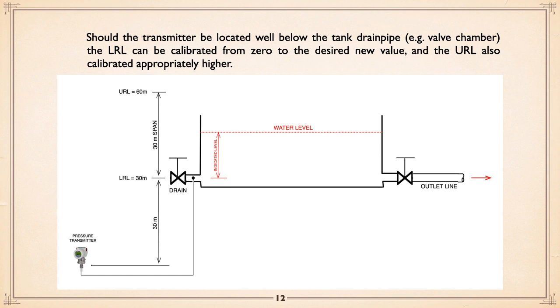Okay, so it'll then read from 0 to 30, 0 being that center line of the drain connection, and the upper range limit, say 60 meters, going from 30 to 60 is a 30-meter span. Okay, that's how you would set it up if the level transmitter is quite a bit lower than the drain connection.